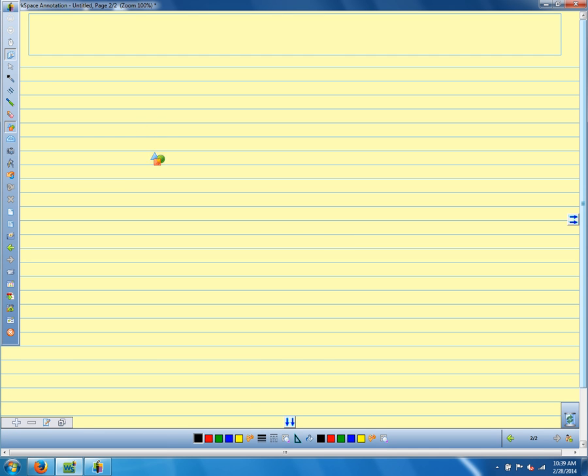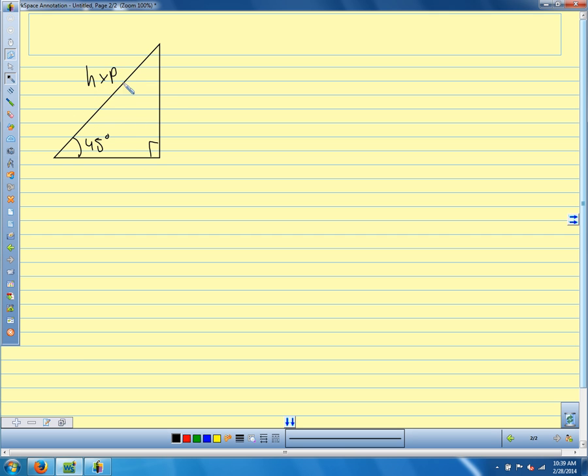And I'm going to call this side the hypotenuse, and I'm just going to use P, and this is a leg, and this is a leg. The legs are always the same because they're the sides of the square, so they're the same.